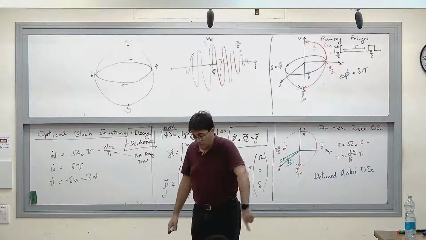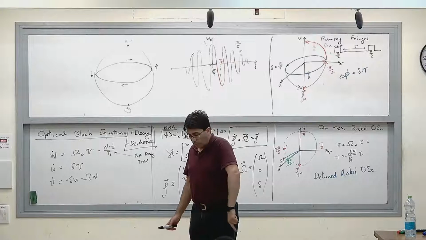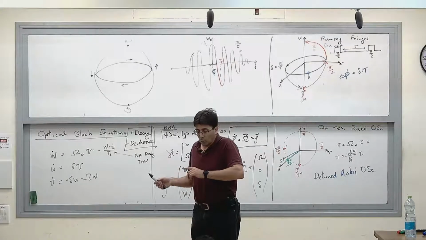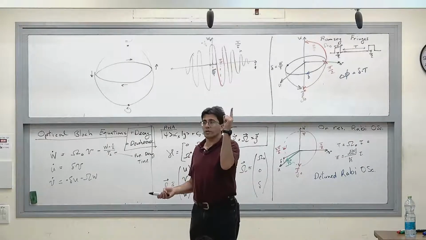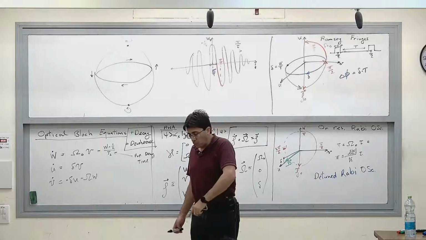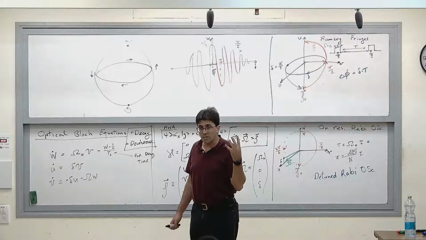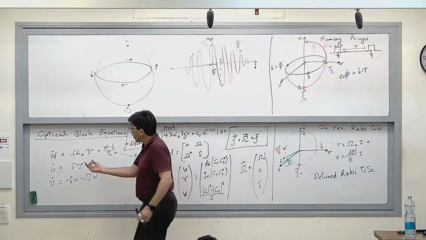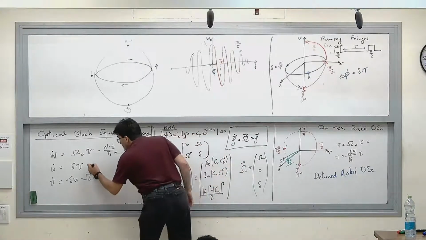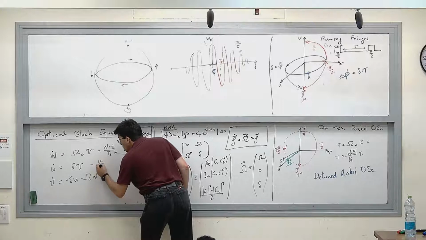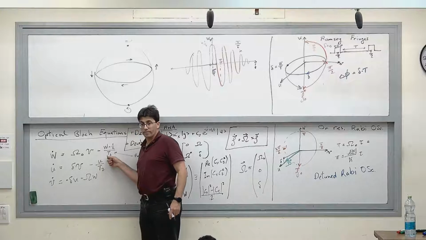Now, if I wait for a short time, I'll see all the atoms in the excited state. But if I wait, I'll see less and less atoms in the excited state. It appears as if this U component is decaying by itself. It just has this minus U over T2, and this time scale is different than that one.